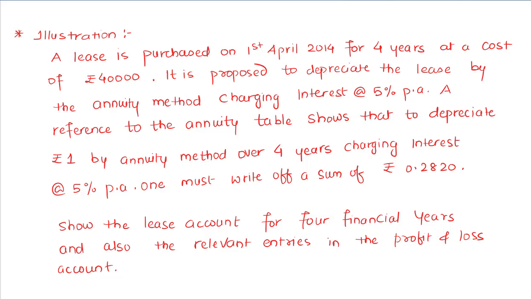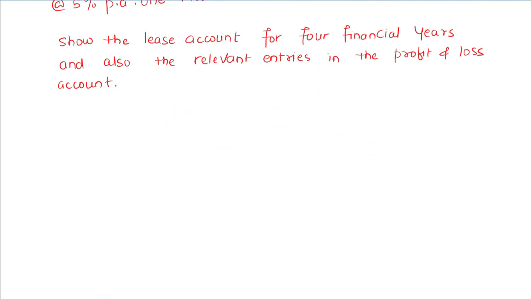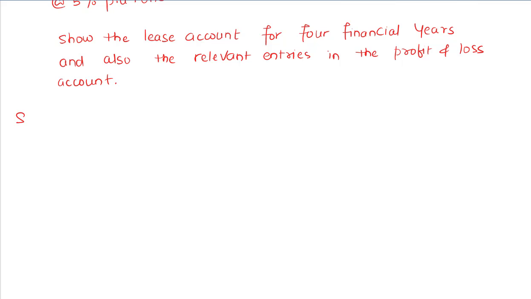A reference to the annuity table shows that to depreciate 1 rupee by annuity method over 4 years, charging interest at the rate 5% per annum, one must write off a sum of 0.2820 in terms of 1 rupee. Show the lease account for 4 financial years, and also the relevant entries in the profit and loss account. I believe it is clear. Let us try to solve it.